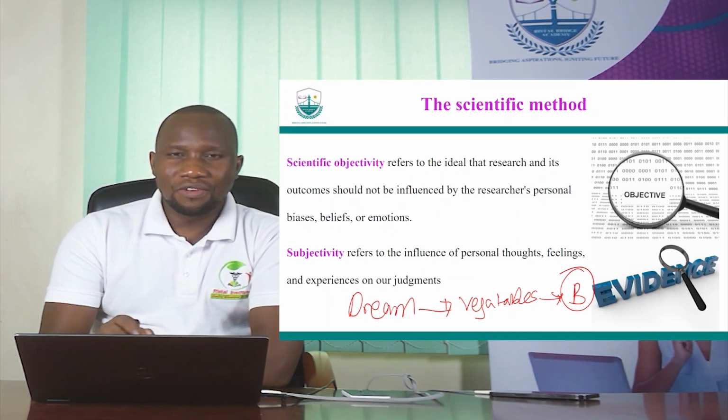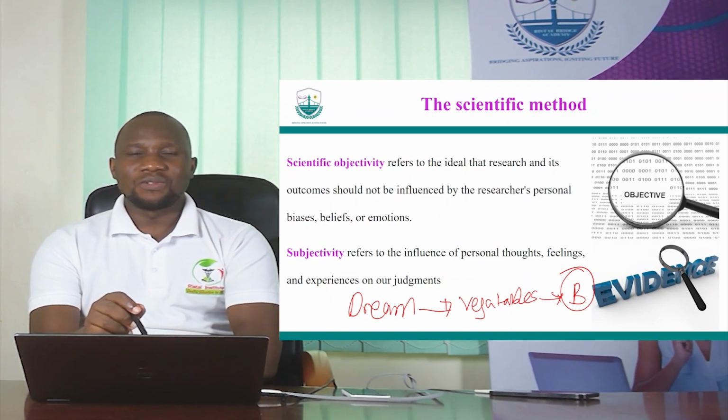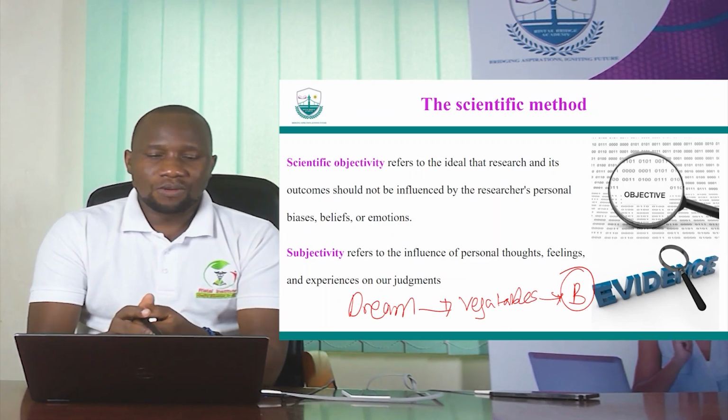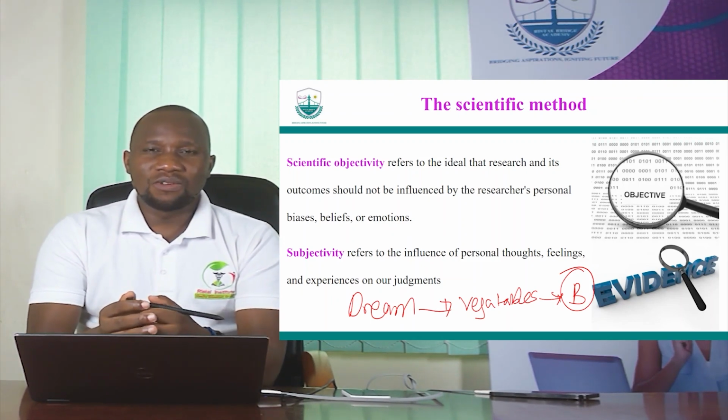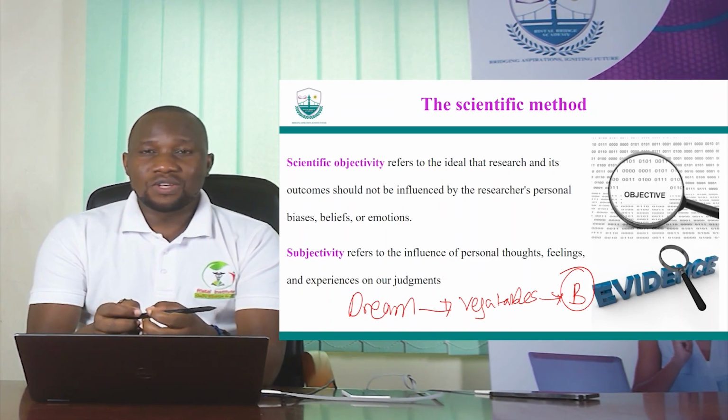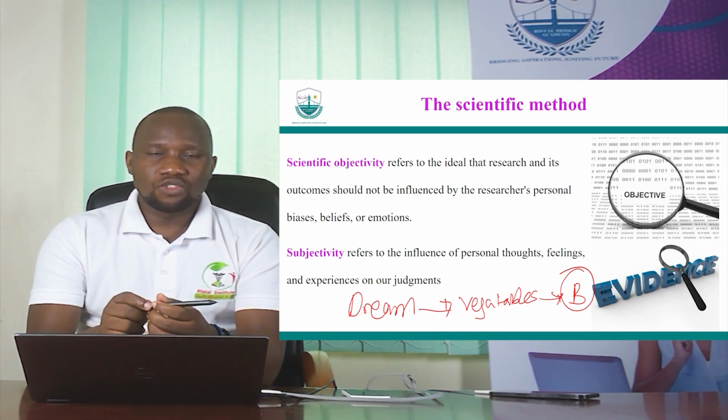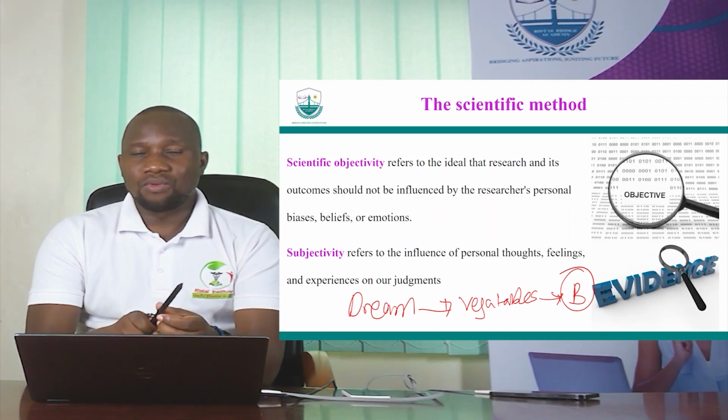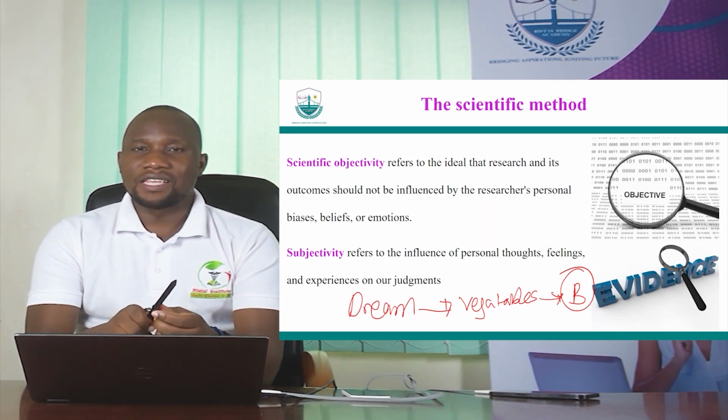This was a dream. A dream is not something that you're going to say, yes, that is it. No, for us in science, if we cannot investigate and prove it, we cannot take it. So it has to be investigated and proved using the scientific approach.